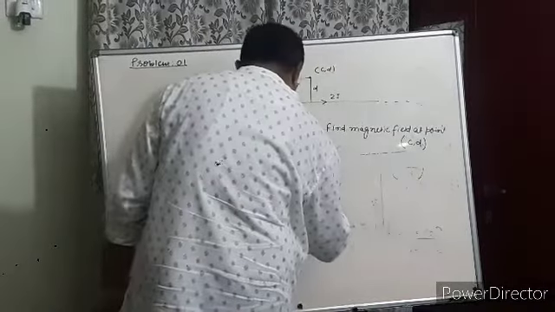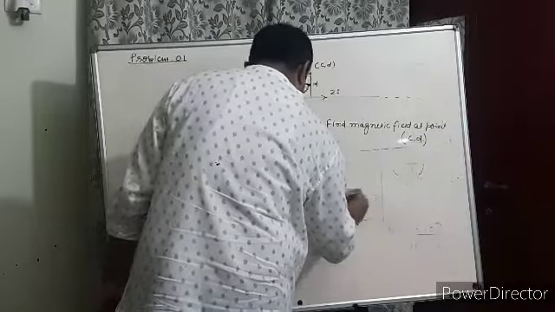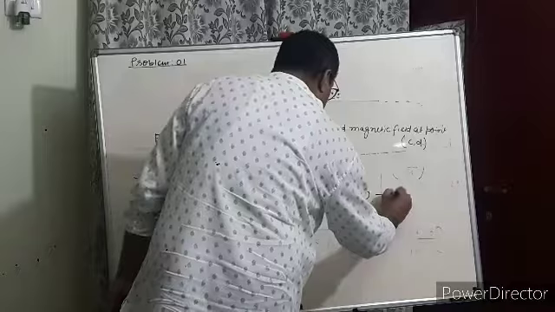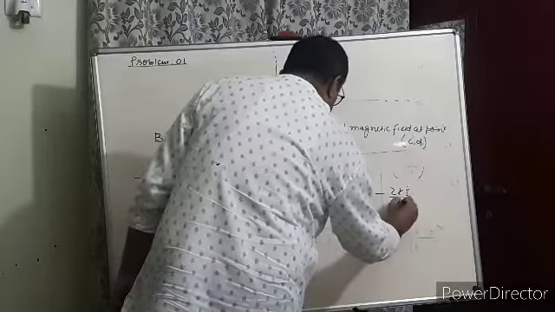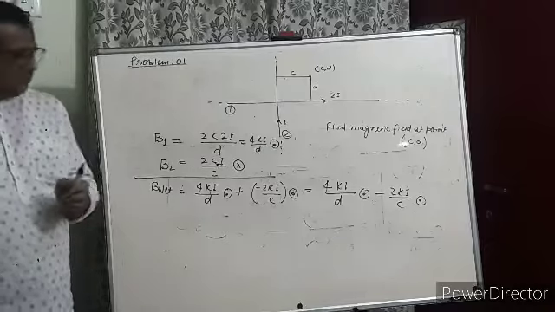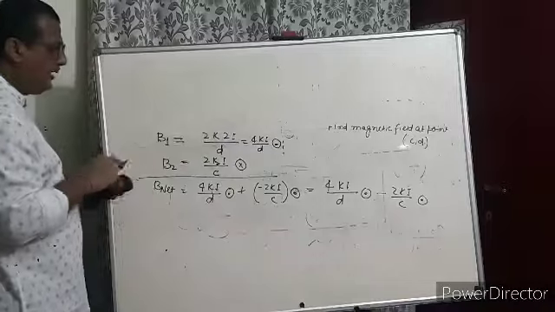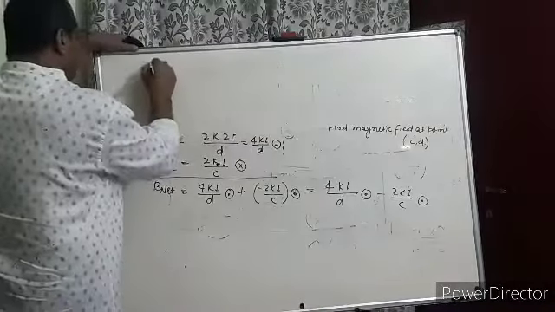Now this will be equal to 4Ki by D outward minus 2Ki by C outward. Now we have got the net magnetic field.